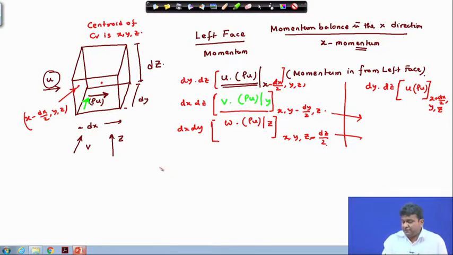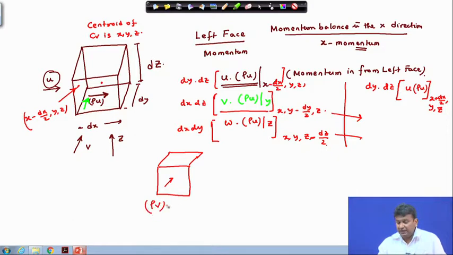So, just one quick clue you can give to your students: when we are talking about the y component balance, for example, at the same front face, then we will worry about the y component momentum being pushed in by the y component velocity, and at the left face where the x momentum was pushed in by the x velocity, in the context of y component velocity, it will be the y momentum, that is rho v, that will be pushed in by u.